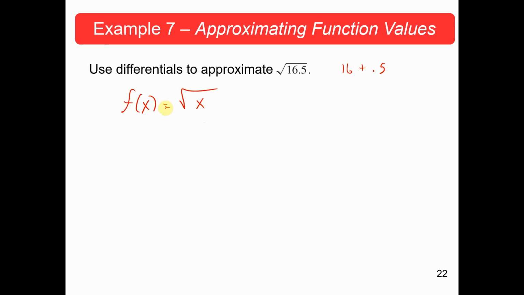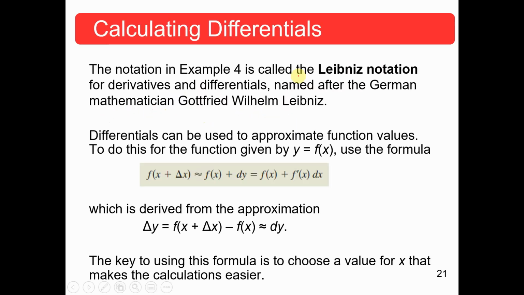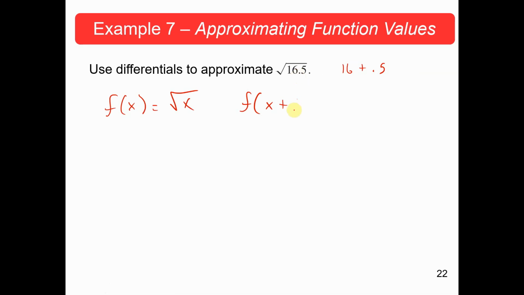So we've got f of x equals square root of x, but what we have is f of x plus, what's the notation we're going to use? Delta x. And that's going to give us, in this case, x equals 16 and delta x equals 0.5.